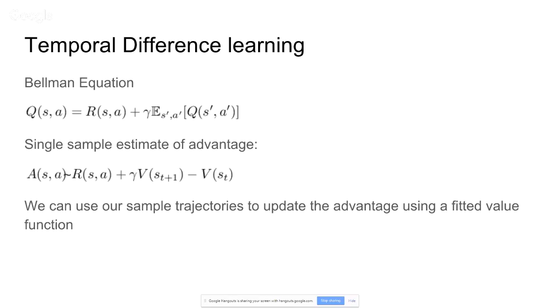So we're going to use a single sample as an update to our Q function, and so our advantage function becomes R plus the discount times the value function at the next state. So that's our sample. Instead of considering all possible next states, we're just going to sample S t plus 1, and we're going to subtract the value function.